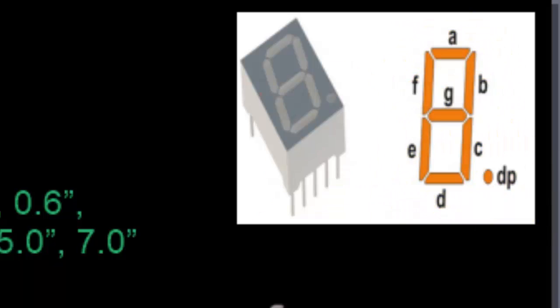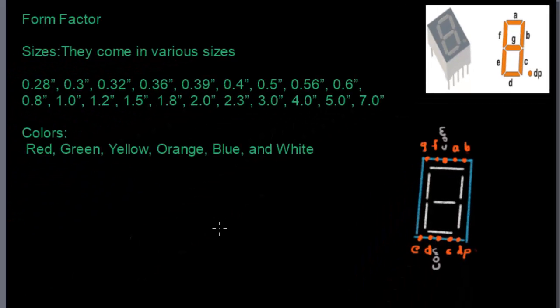Now this decimal point is used in cases where you want to display something like, say you want to display a weight. So that weight, if it is 7.8 kgs, then this decimal point is used. So whenever we have multiple segments, we use the decimal point in those cases.